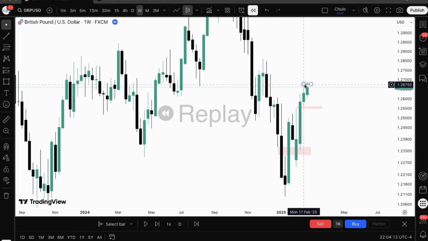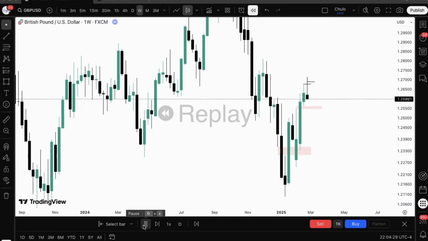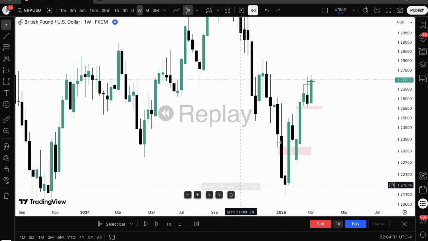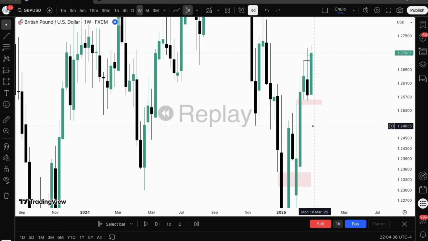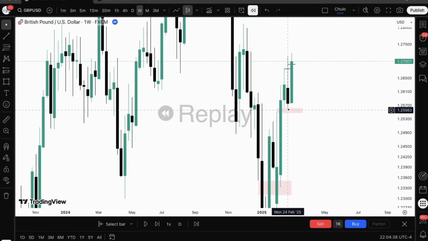Price took out our external range liquidity to give us another external range liquidity. What happened? Price tapped into our internal range liquidity. This is a weekly time frame. It tapped into our internal range liquidity and sought external range liquidity.